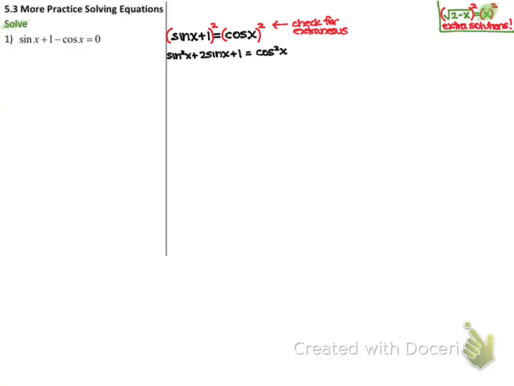The problem right now is that I have to figure out which one I'm supposed to use the identity for. And to me, there's one giveaway. If you take a look at all of these pieces, there's only one of them that doesn't have a square, and it's the sine x, which means you're stuck with sine.